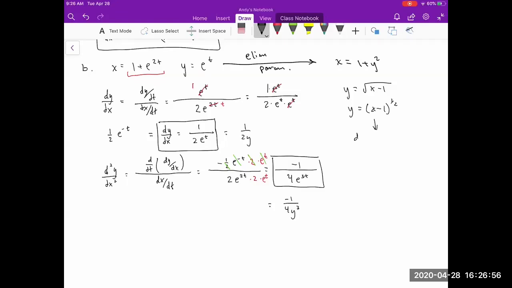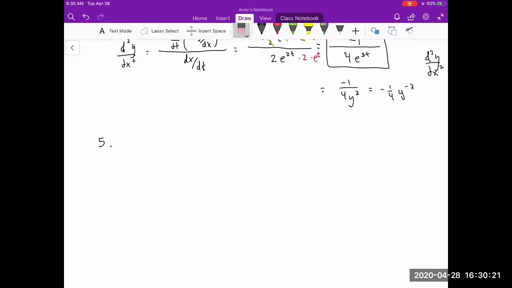That means dy over dx is 1/2 x minus 1 to the -1/2, and its second derivative would then be -1/4 x minus 1 to the -3/2.